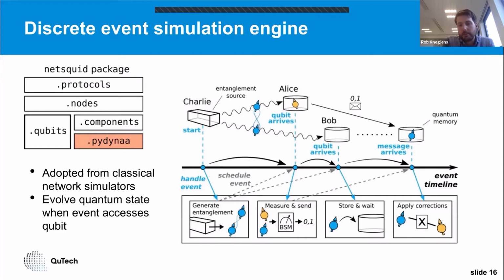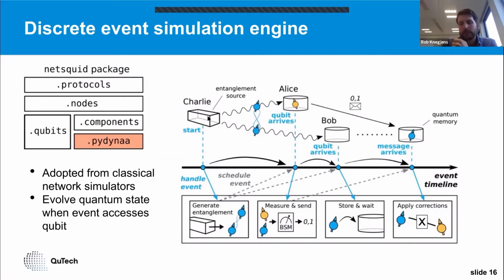Here you see a cartoon example of how discrete event simulation would work in the case of quantum teleportation. The main points are that there are different entities, Alice, Charlie, and Bob. There are events that kick off this process. Charlie is waiting for start events. He generates qubits, puts them in channels, and then already pre-schedules events representing their arrival, assuming they're not lost.